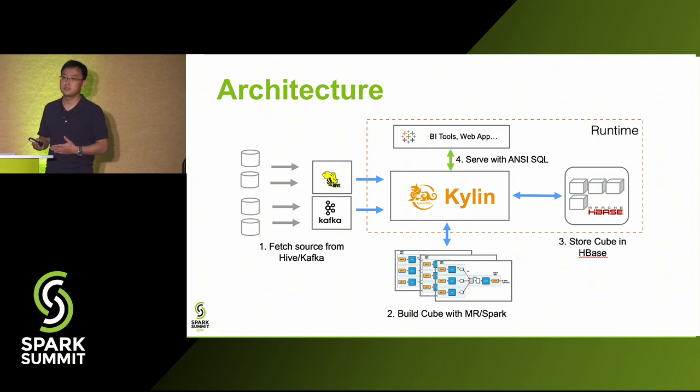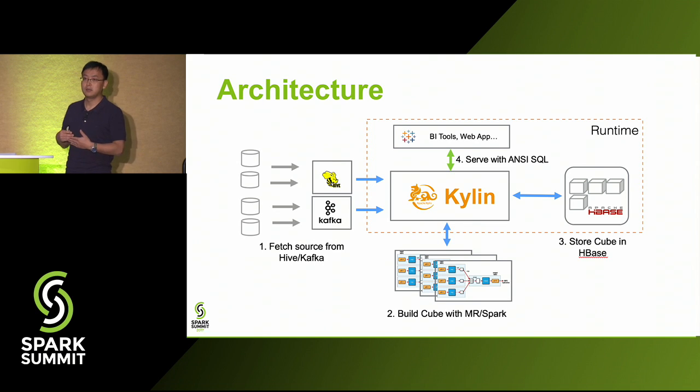As we know, HBase is a data store which provides row key random scan and very low latency. So with the aggregated result in HBase, we ensure that the query can be finished in a very low latency. And during the runtime, Kylin will not touch your source data because its performance is out of control.